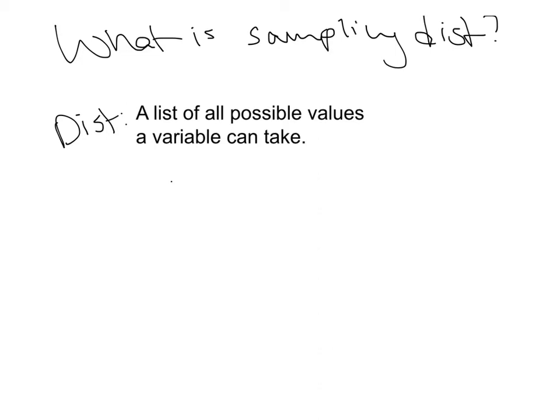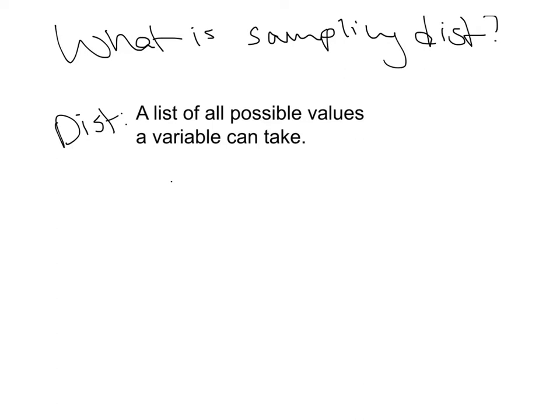A GPA of 0 to a GPA of 4.25 represents all the possible values a variable can take. And that would be the distribution of GPAs at Lynn Camp High. It would be all possible GPAs, like 1, 2, 2.5, 2.67, 2.7725, etc.